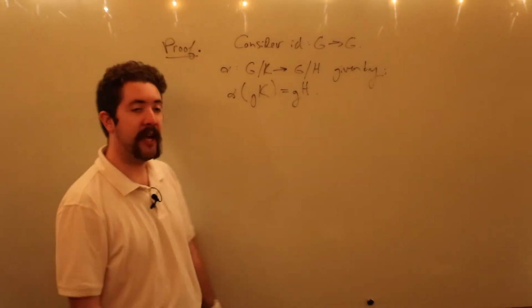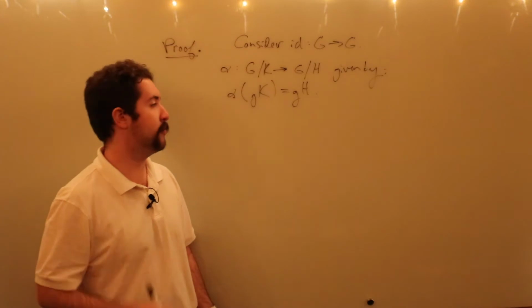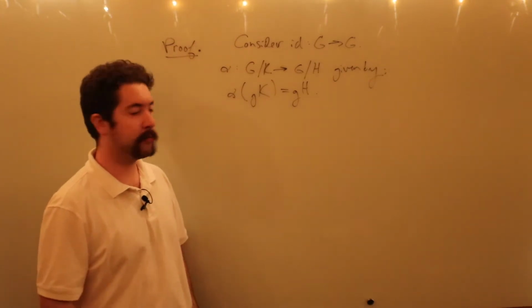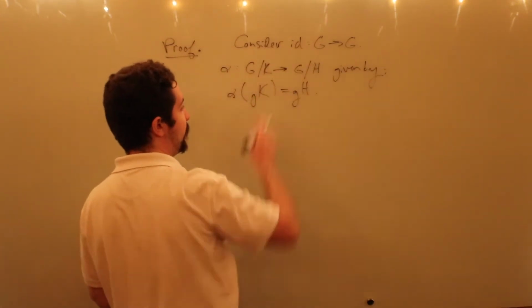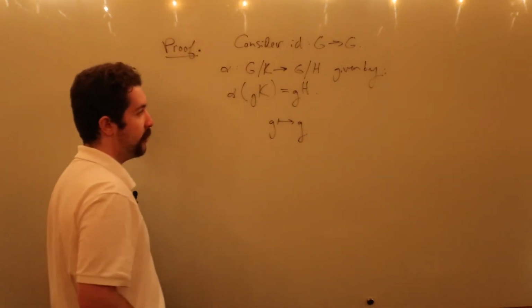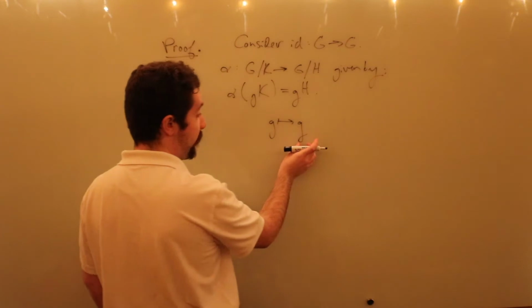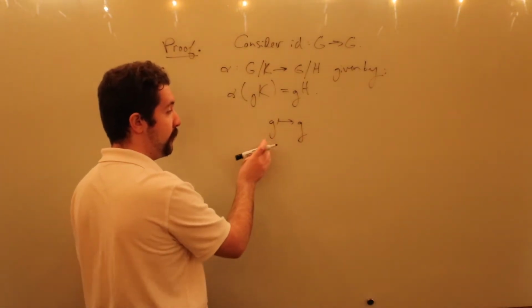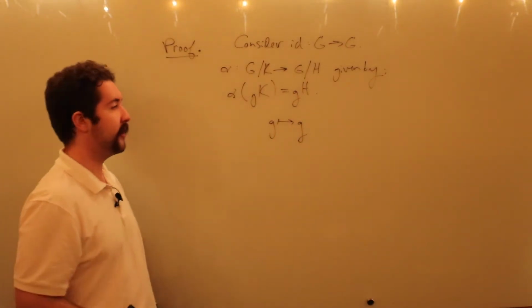Now I claim that alpha is going to be an epimorphism here. Why is this so? Well, again, consider this identity mapping. G mapping to itself implies that there always exists a g mapping to g, namely itself under the identity map.